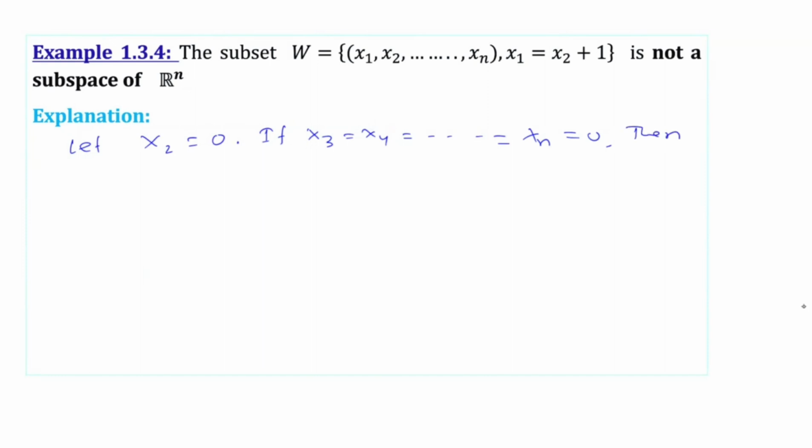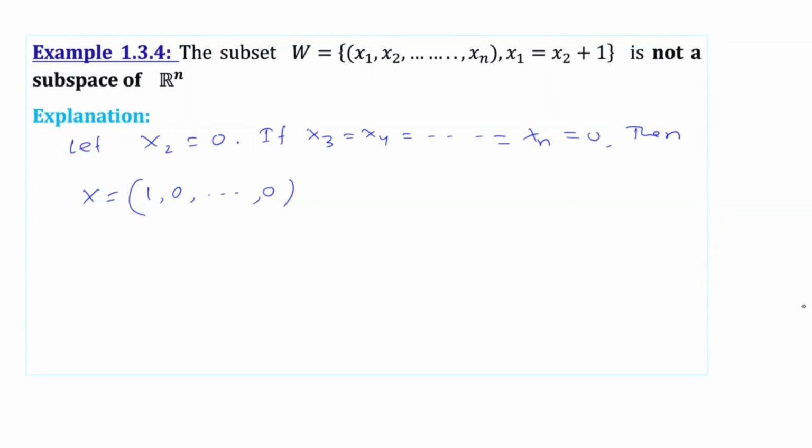For that we take x2 equal to 0, and also x3, x4, up to xn all equal to 0. But if x2 is equal to 0, from the relation x1 equals x2 plus 1, you get the first entry as 1, not 0.